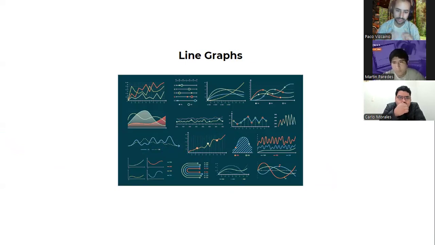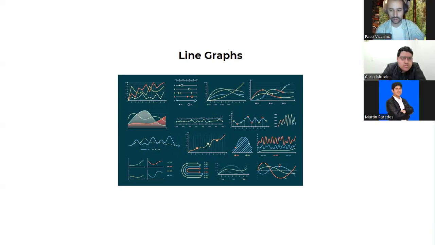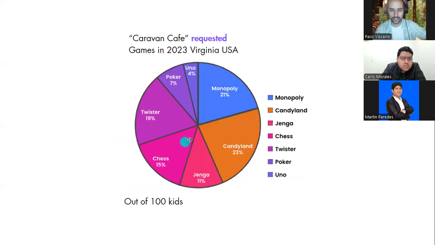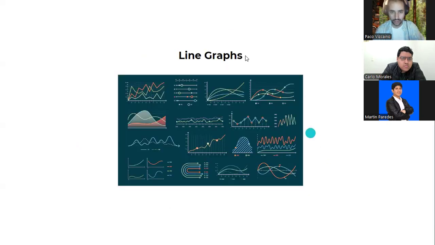So that is one item, and this is the time by the level it's at, about how expensive it is, but one element only. In the previous graph, we used several elements. So here we have Monopoly, Candyland, Jenga, etc. But here we only will have one or two items to display. Okay.